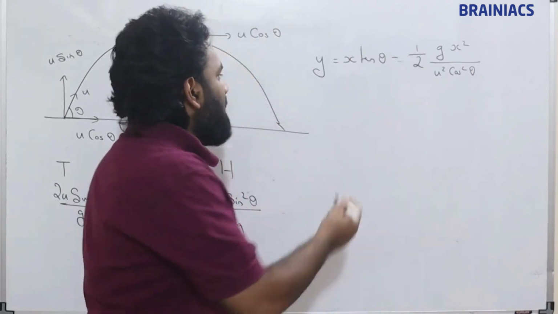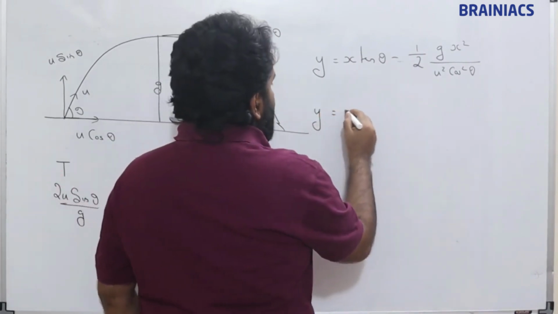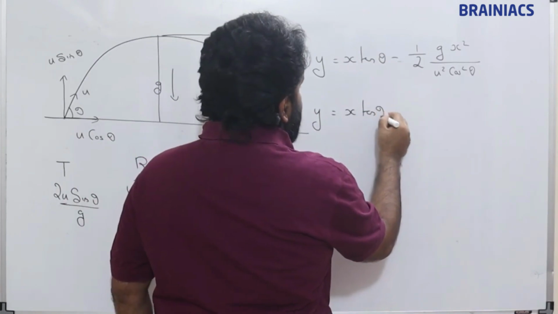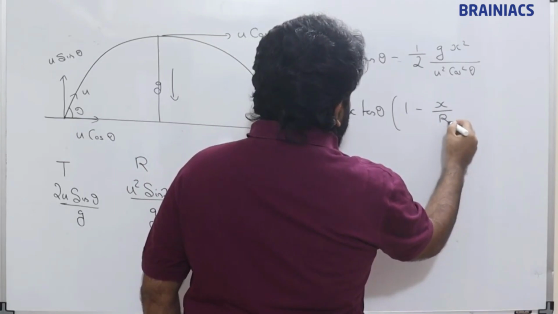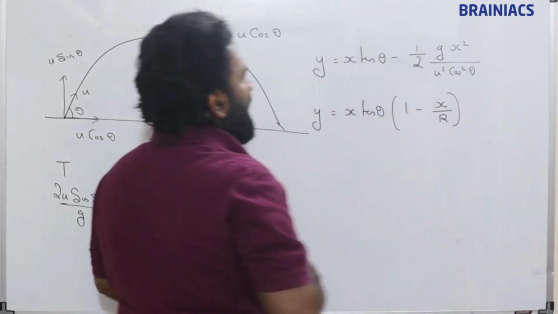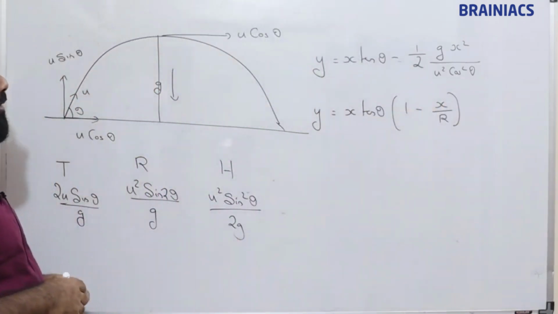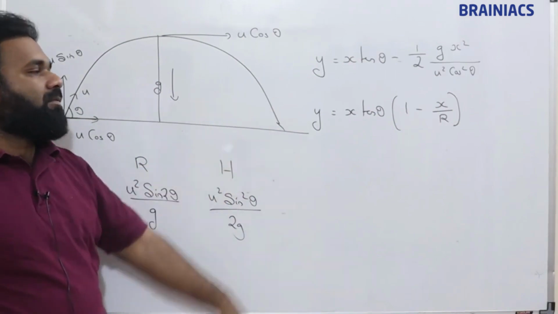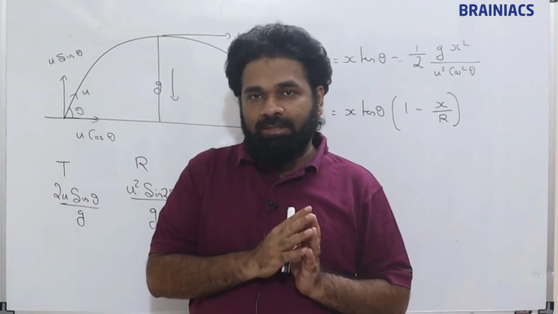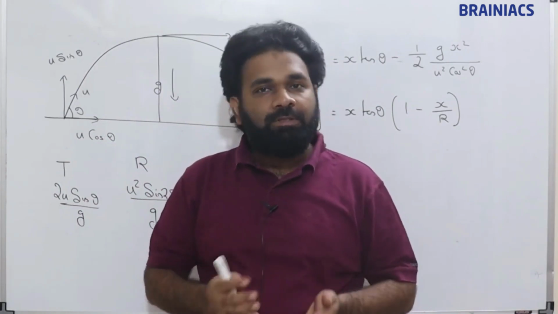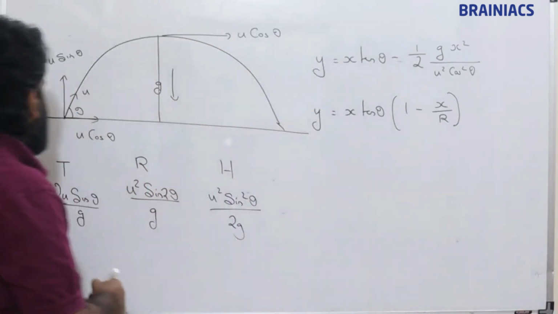One more equation was there: y is equal to x tan theta into 1 minus x divided by range. So all these things we have seen. Then regarding the energy, change in velocity, and change in momentum, all those things we have seen.